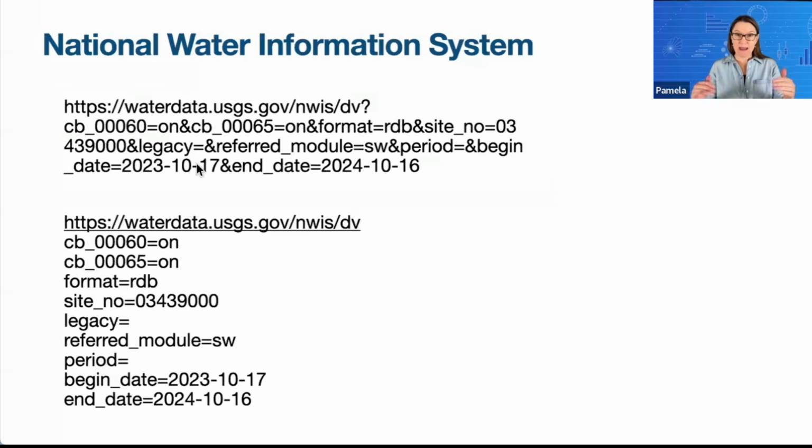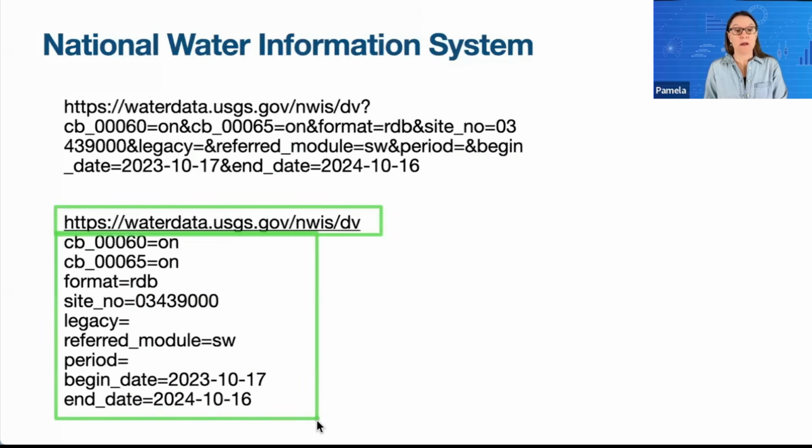So in the actual header that gets generated, when you go through this online system and you say, give me the data in tabular format, it basically just brings you to a website that has a link that looks like this. And if you break this down, then within that server that you're going to, there are all these individual asks that you're giving, including what is the site number, what is the begin date, what is the end date.